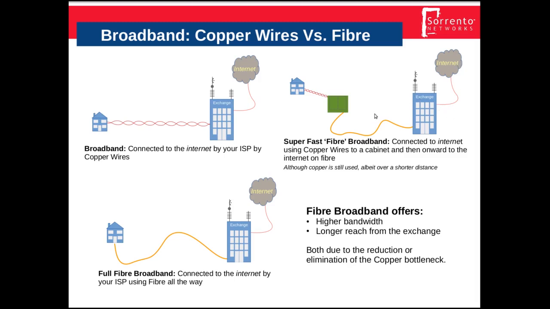Now, the reason why that's faster is because the copper wires section here is a lot shorter than it was in the previous example, which went all the way into the town centre.